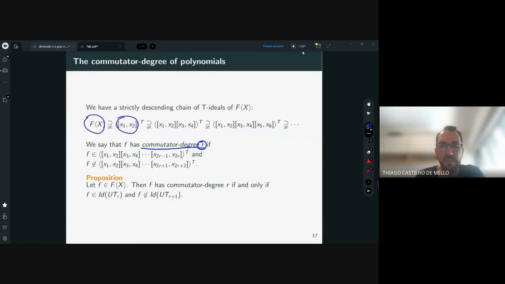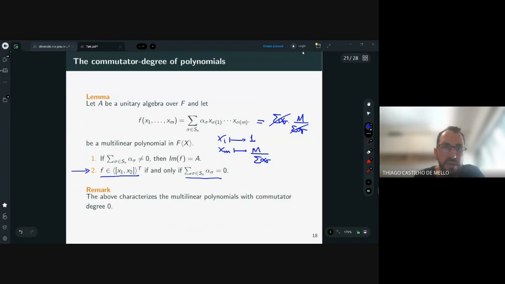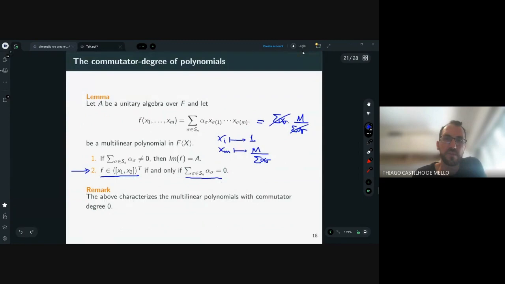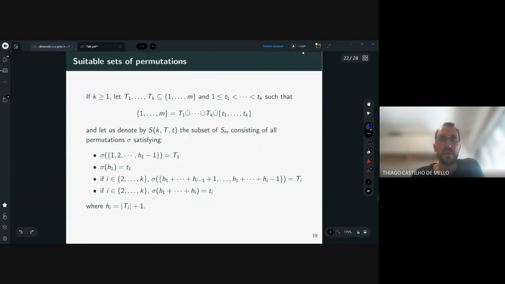They are exactly the polynomials which have the sum of coefficients different from 0. So this gives a characterization of multilinear polynomials of commutator degree 0. Can we do the same for multilinear polynomials of commutator degree r? A characterization in terms of its coefficients. Well, yes, we can.